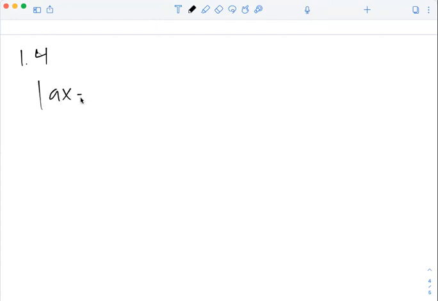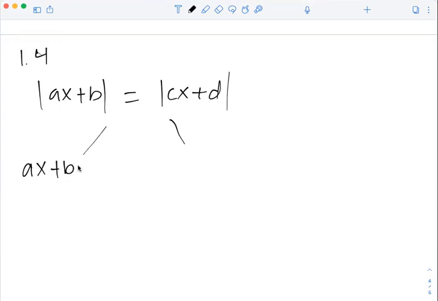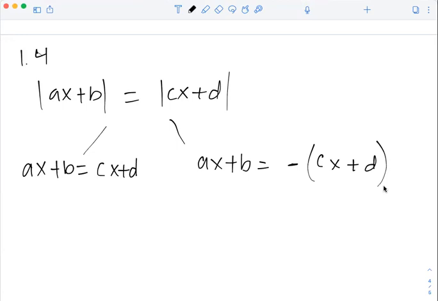So if we are given an absolute value expression equal to another absolute value expression, then we set it up kind of similarly, where we break away the absolute value bars, and the first equation is ax plus b equals cx plus d, and the second one is ax plus b equals -1 times all of cx plus d. And so that is the setup.